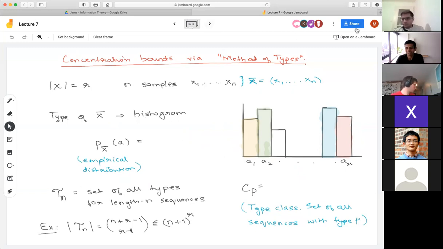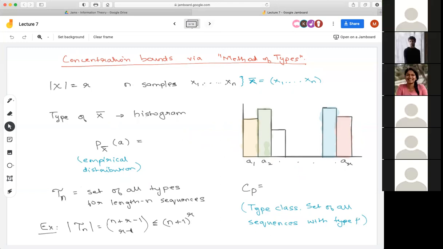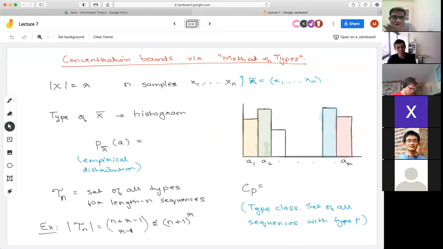It's just a fancier sounding name. It's a nice way to count things, and in particular, it's a convenient way to prove various kinds of large deviation bounds or concentration bounds, sort of like Chernoff.